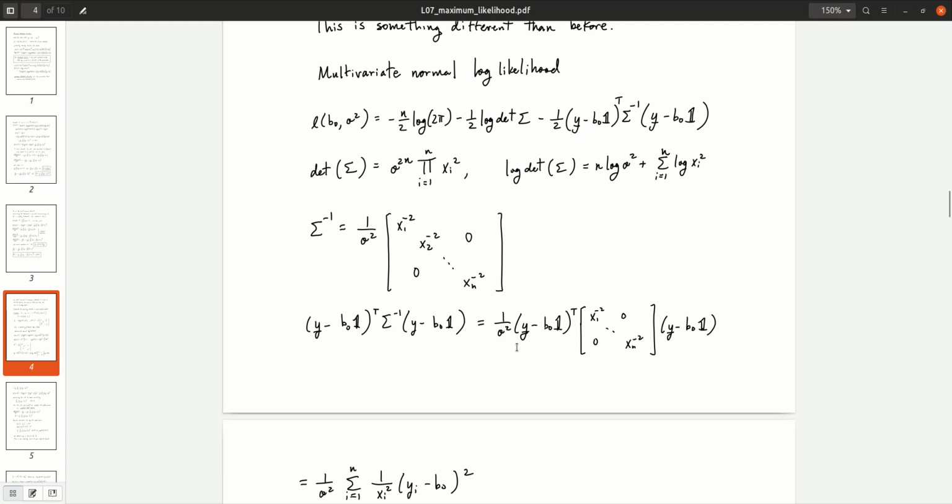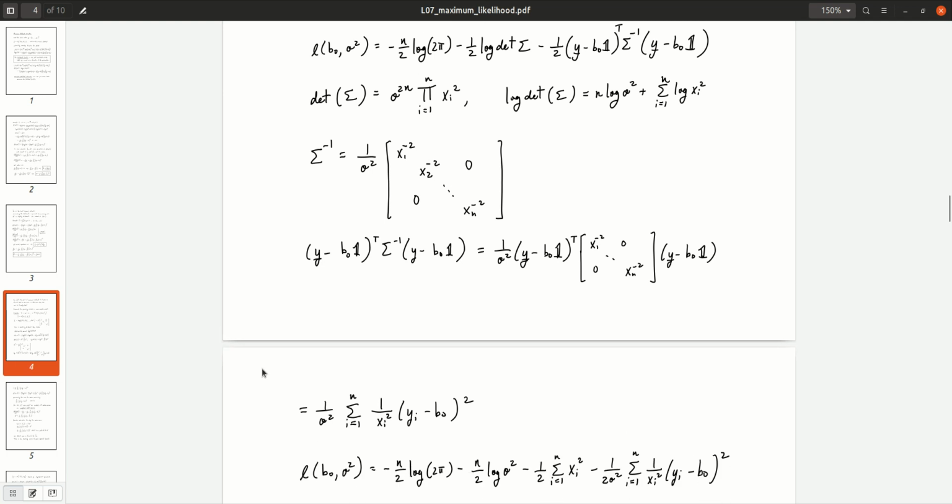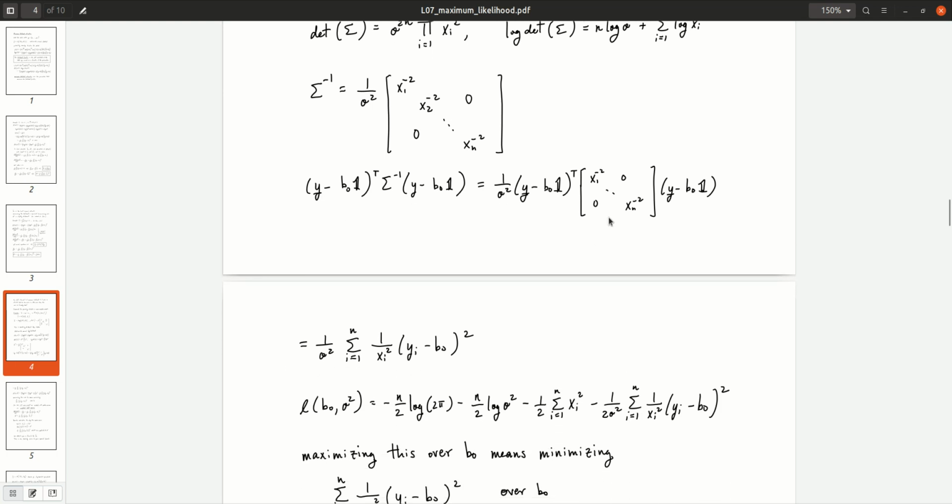And then we have y minus b01 transpose. This is this part of the inverse. If you were to write out this matrix multiplication, you get this thing here. You could do this on your own; I won't go through all the steps. First you do this matrix times this vector.